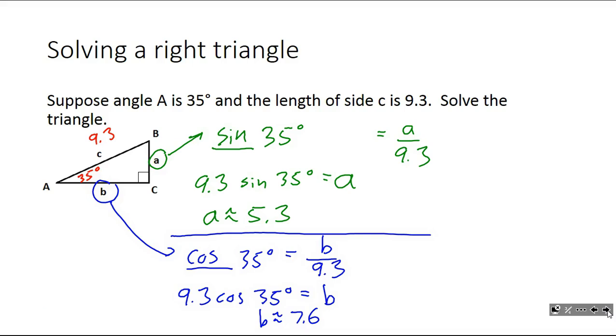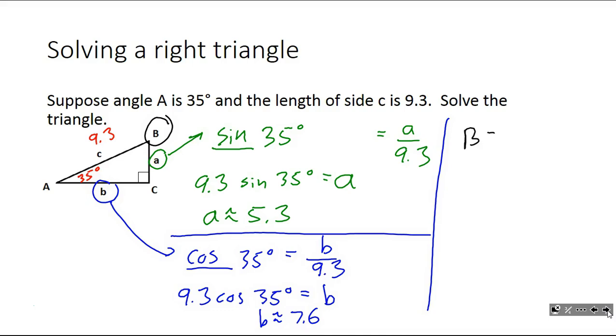What don't we know? Well, it looks like at this point at least, we have not determined the value of angle B. So let's get that. We don't really need trig for that. We know that with a right triangle, for that matter, any triangle, the angles add up to 180 degrees, and we already know one's 90 and one's 35.